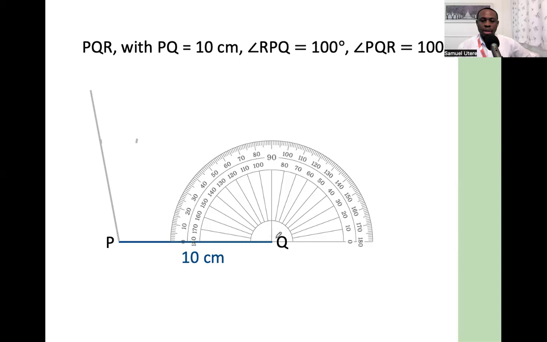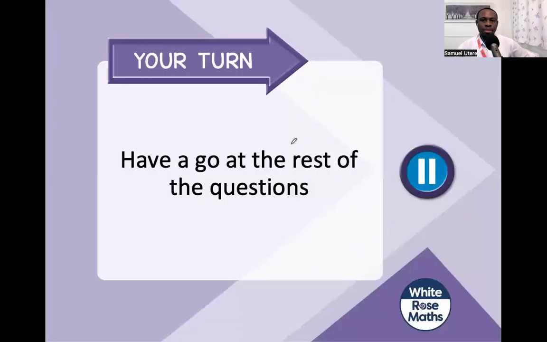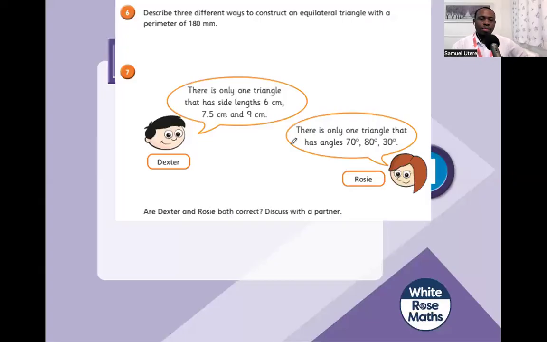So the angle 100 degrees should be measured on this side of the line. Now, notice that we're using the outside scale, so 100 degrees should be marked there. Now, notice the lines never meet, so we cannot form a triangle. All right, pause the video and answer questions 6 and 7 in 2 minutes.